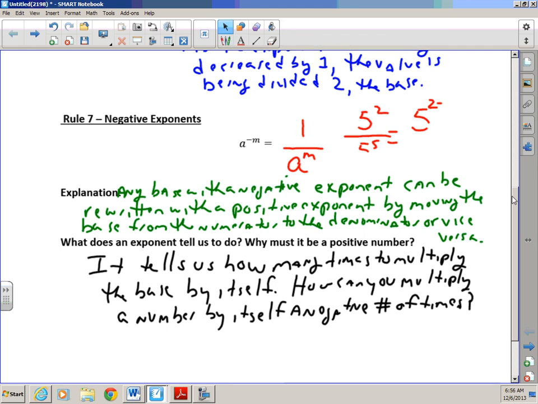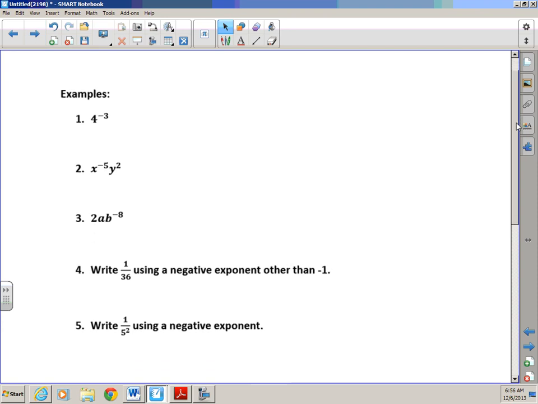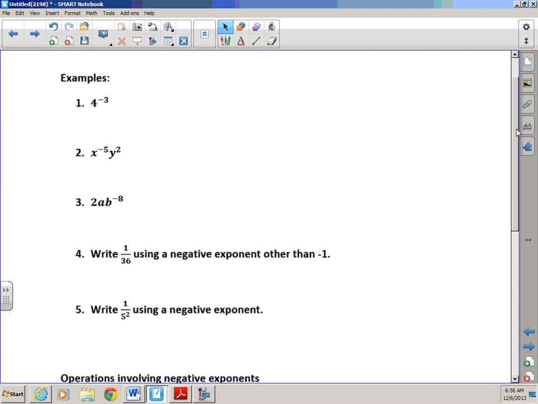The other very common mistake students make is that negative exponents do not mean negative numbers. Okay? In actuality, negative exponents result in numbers getting smaller. All right, so let's go through some very quick examples. 4 to the negative third is 1 over 4 to the third power, which is 1 over 64.